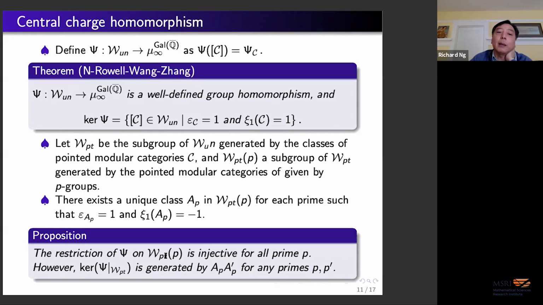When you restrict it to W point P, it is injective. So that means you can tell the group structure by using the image of this Witt group. On the other hand, if you restrict the central charge group homomorphism to W pointed, basically the subgroup generated by all the pointed modular categories, then you have a kernel, but the kernel is always in pairs.